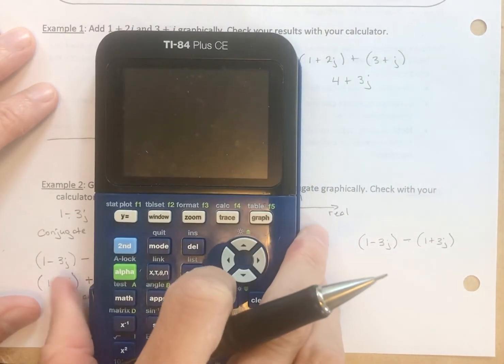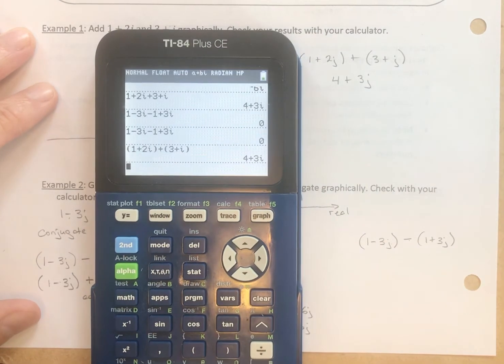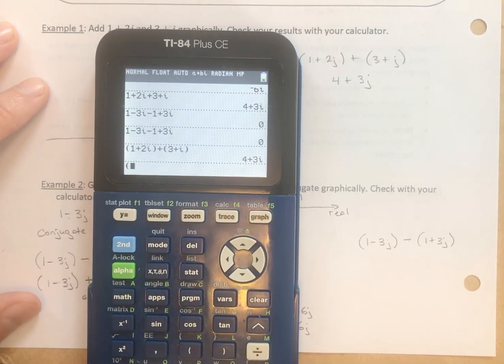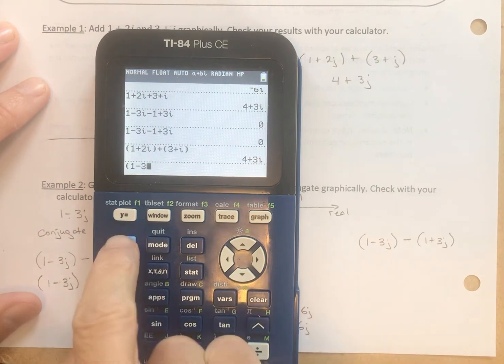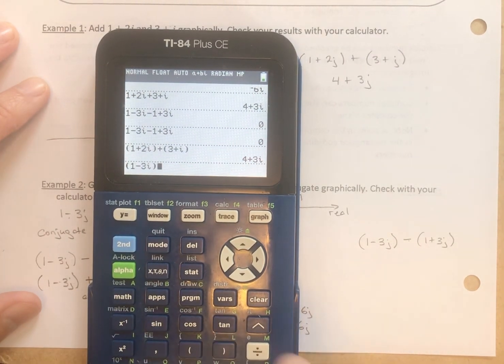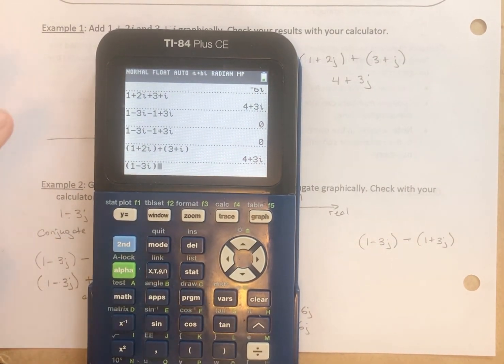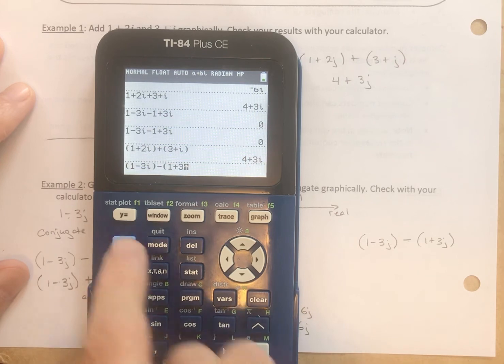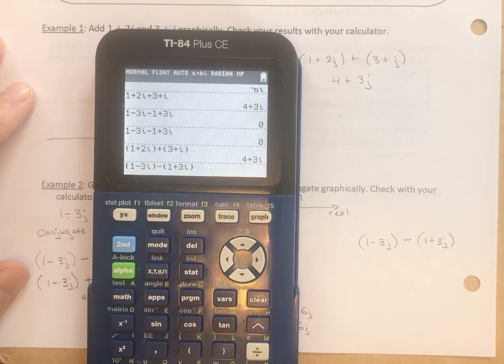Let's use our calculator. Okay, and again, I'll impress upon you the importance of parentheses. So parenthesis, we're making sure that we're in the complex mode. 1 minus 3, and we'll use the letter i because our calculator has i for a complex number. Subtract. Again, use parentheses, 1 plus 3, i, and enter.